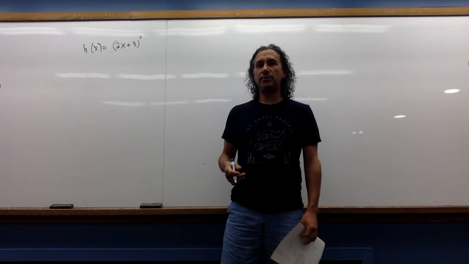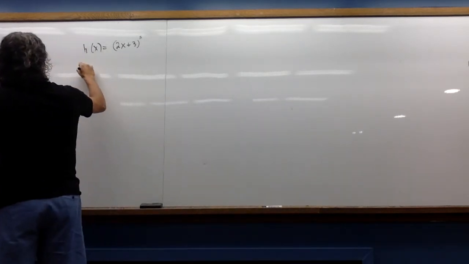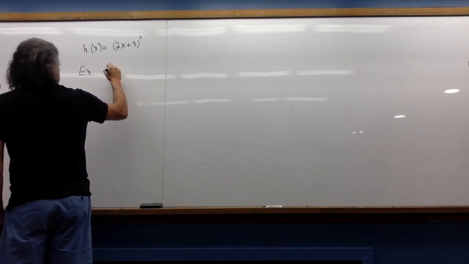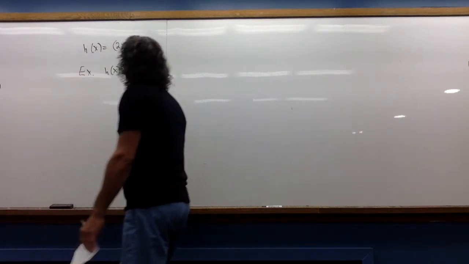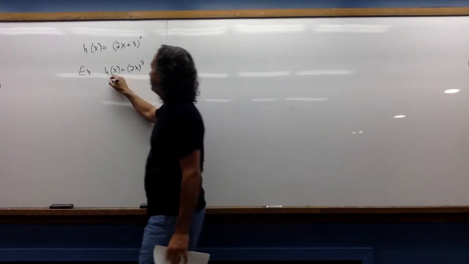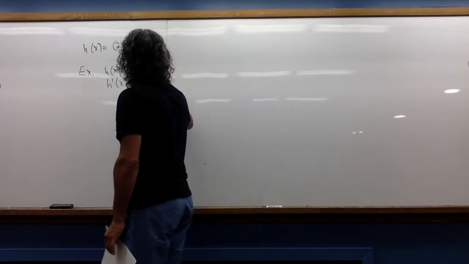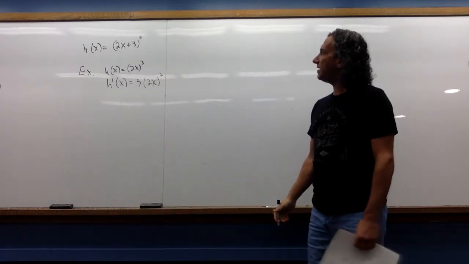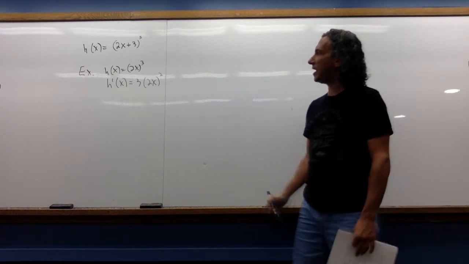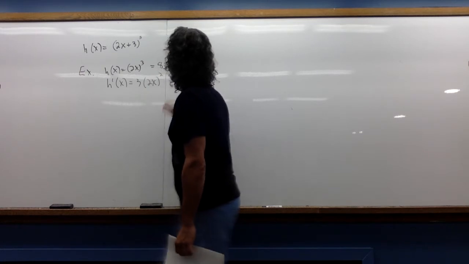So let me convince you that won't work with another example. So let's say we have h of x is equal to 2x cubed. So let's say you say, oh, I can find the derivative of that just by using the power rule. Pull down the 3. So is that correct? Well, to convince myself whether this is correct or not, let me cube this out. Well, this is 8x cubed.